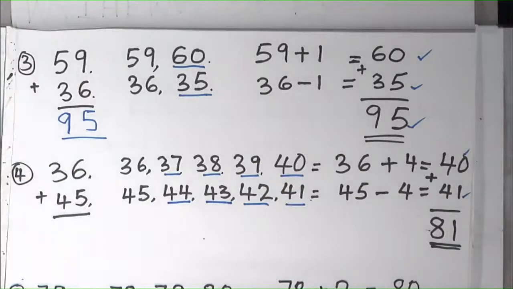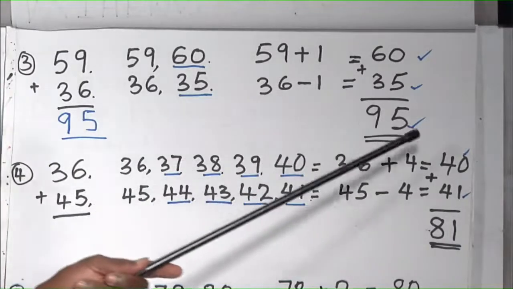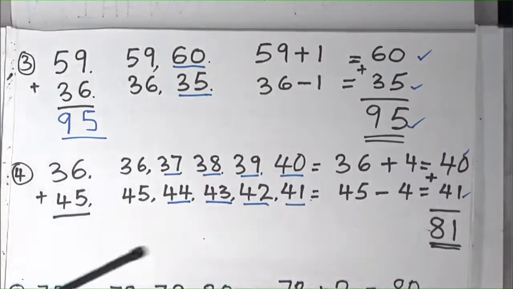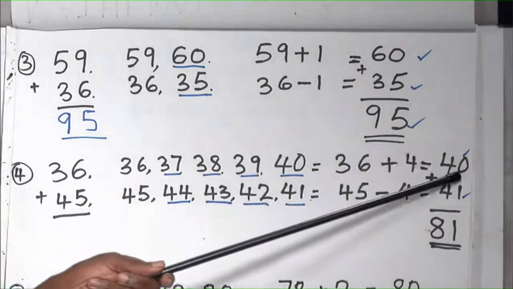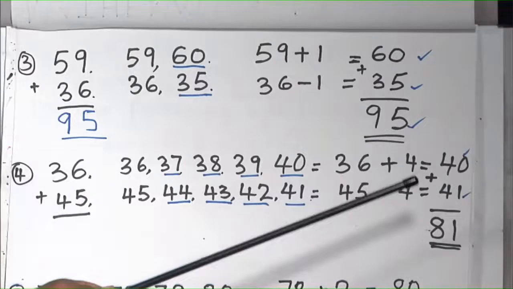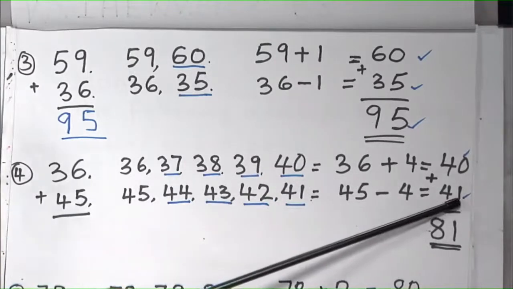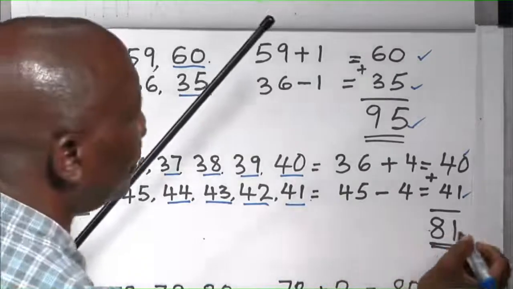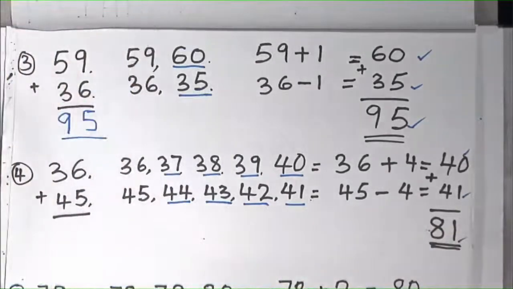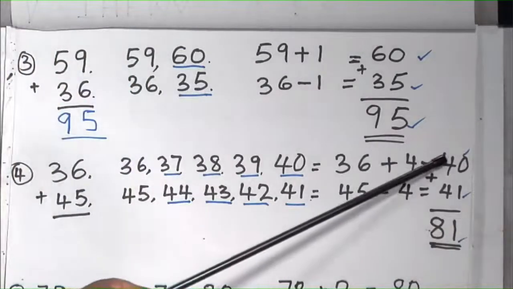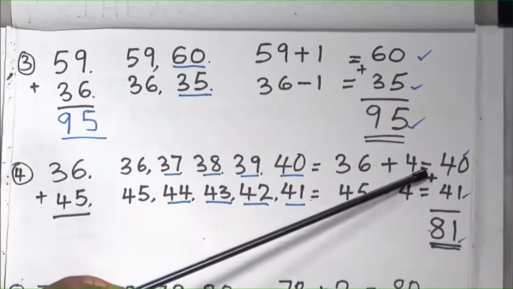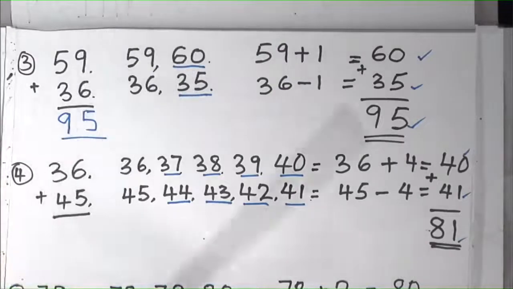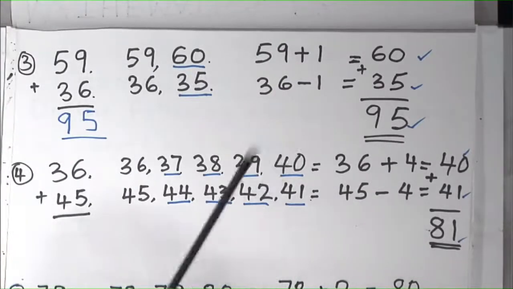Now we have to add 40 to 41. 0 plus 1. That will give us 1. 4 plus 4 will be 8.